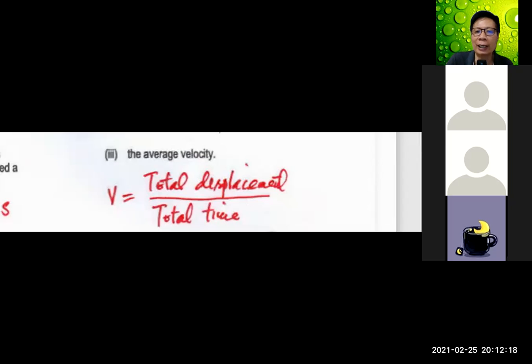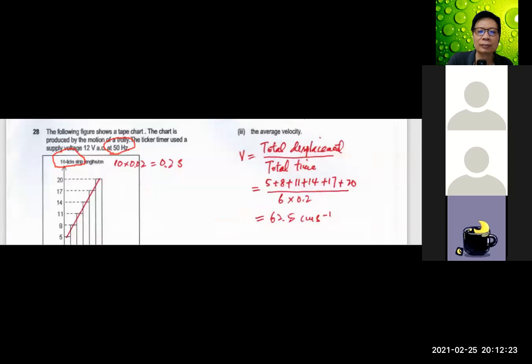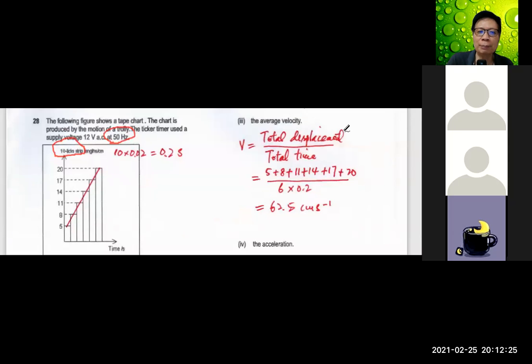Okay, so it's like this. I show you everything now. Come, now you see the graph. Total displacement means all. So you add up 5, 8, 11, 14, 17, 20 cm. Add up everything. It becomes total displacement. And divide by total time. No need to minus 1. This is total time.